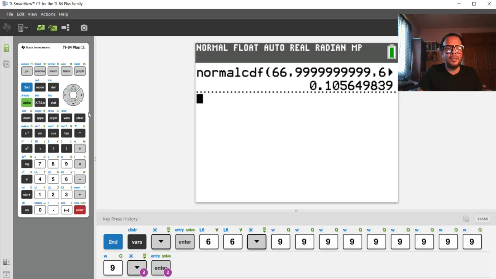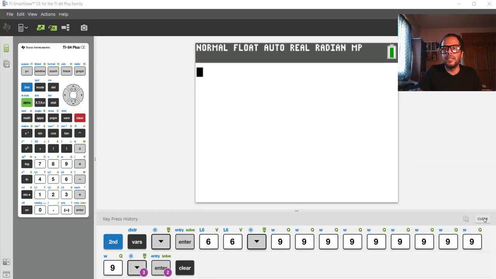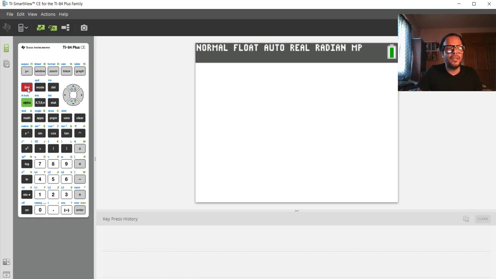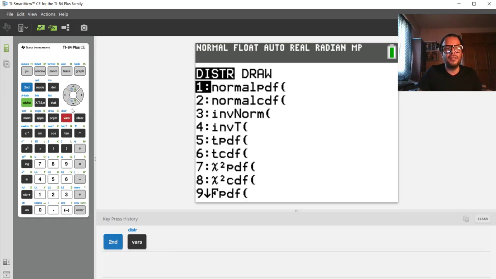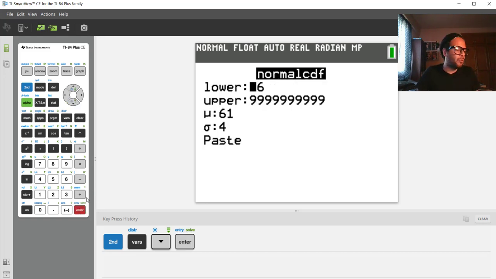Let me clear and clear. Okay, so second dist, normal CDF. Click enter. And now we will put the parameters the same as we have them here. 46, enter, 54.